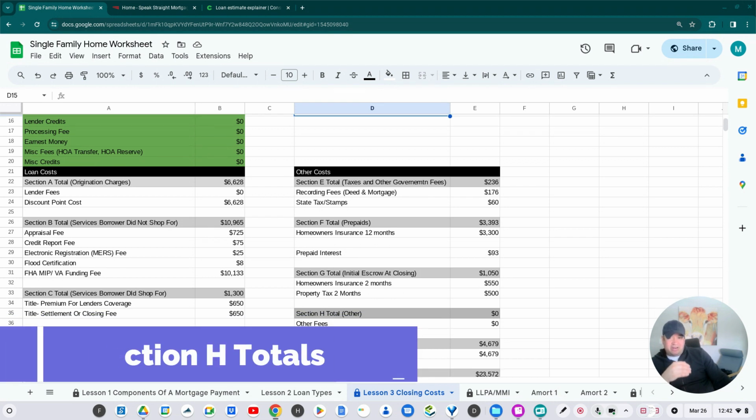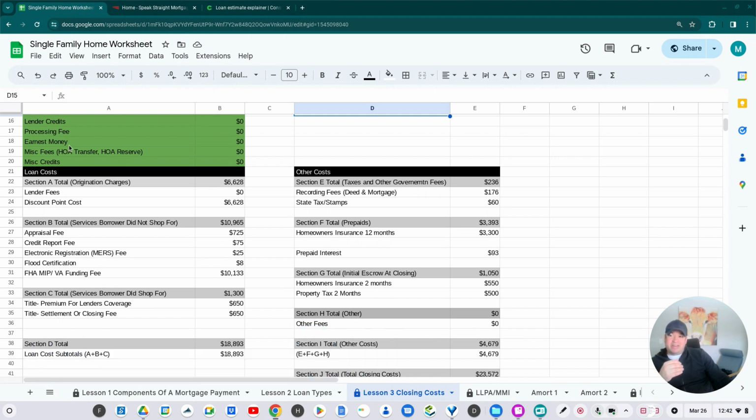Section H is miscellaneous fees. Like we said, an example would be HOA reserves or HOA transfer fees. Leaving this zero. If you had a condo or townhouse, I would put 1,000 in miscellaneous fees.